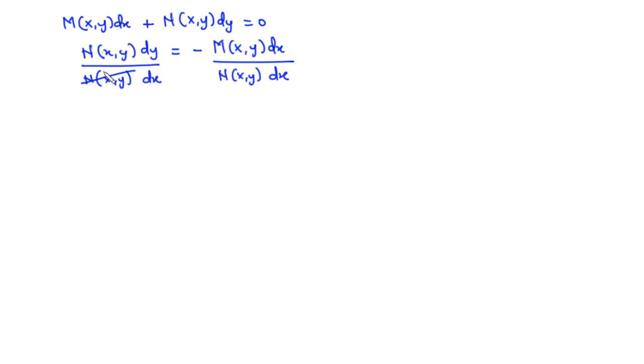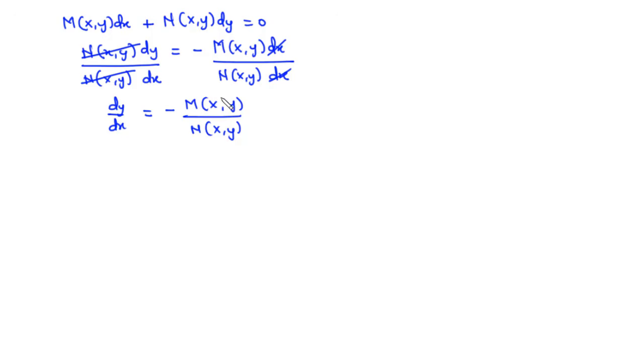So we cancel out this and that, and we also cancel out this and that, so that we have dy/dx = -M(x,y)/N(x,y).